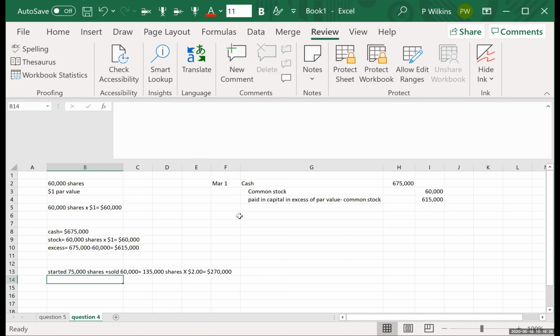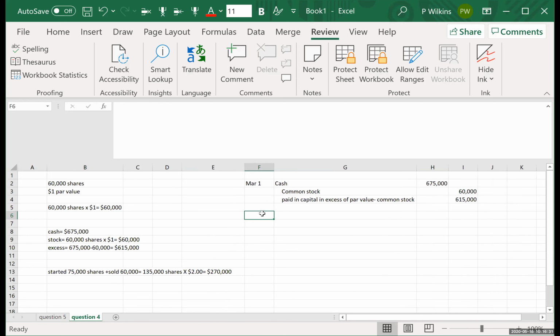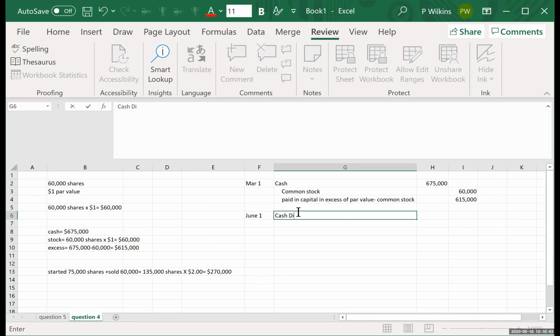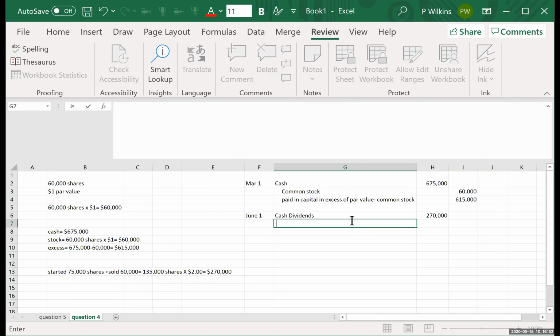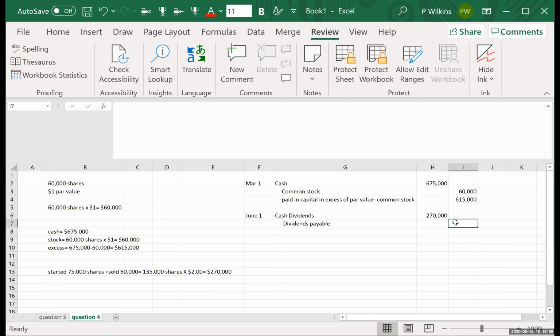So on June 1, we're going to debit the account called cash dividends for $270,000. And then we're crediting the account called dividends payable, $270,000.